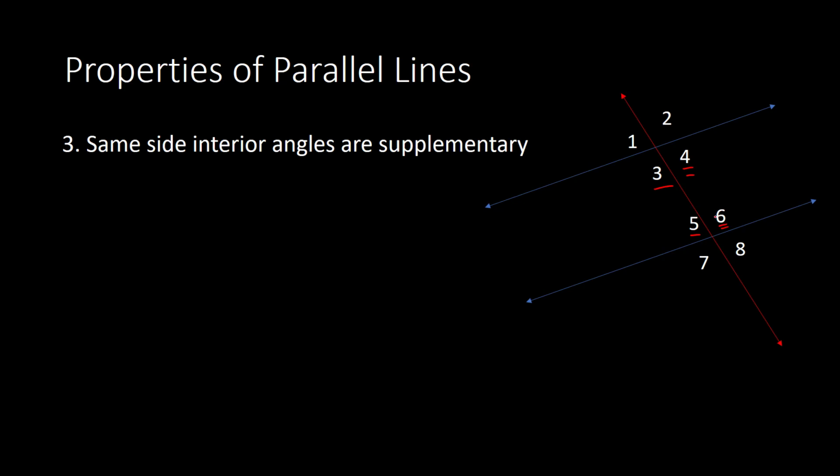They're inside of the two blue lines. Then 4 and 6 would be same side interior as well. So this property says that if you add angle 3 and 5 together, it's going to equal 180 degrees. Because supplementary, by definition, means two angles that add up to be 180. And then angle 4 and angle 6 would also add up to be 180 degrees as well.